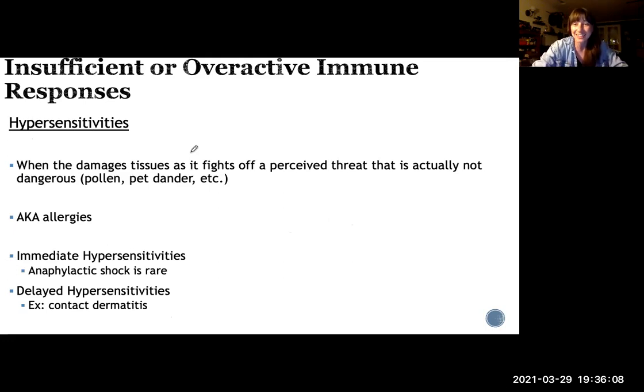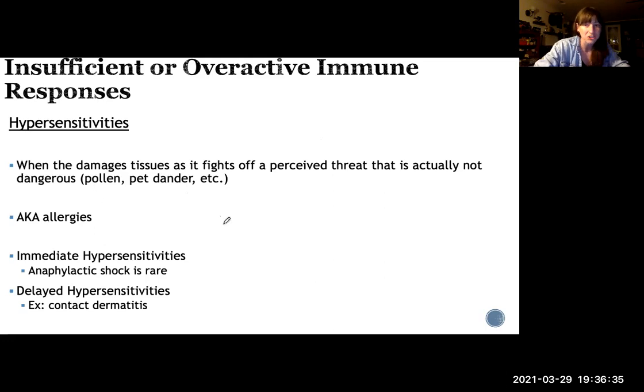All right, lastly, and one that I think we're all very familiar with, are hypersensitivities, also known as allergies. We hate them, right? Hypersensitivities are tissue damage caused by the immune system as it's trying to fight against a perceived threat that's not actually dangerous, like pollen or pet dander, peanuts, nuts, shellfish, right?